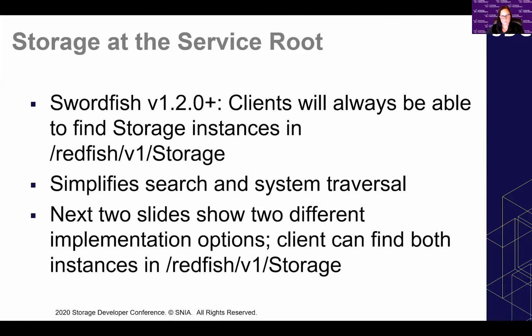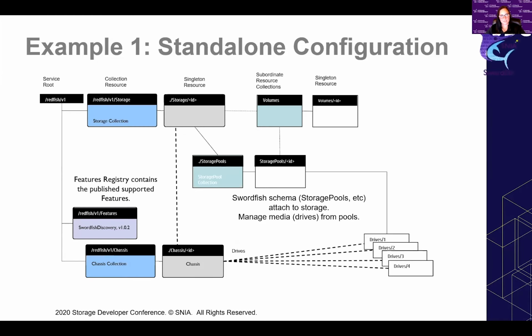I'll talk about that again here, but given that there are so many potential different ways that storage systems can be implemented, such a huge range, everything from a disk drive to JBOFs, JBODs, to direct attach to standalone configurations, dedicated storage to shared storage, this is really a simplification mechanism for a client so they can always find where the storage is. All right, so a couple of different examples of that. Standalone configuration here.